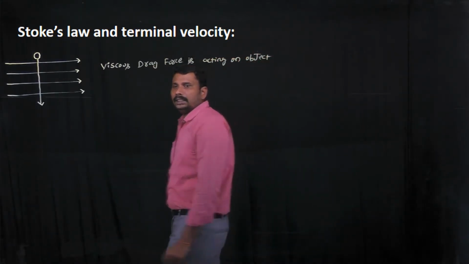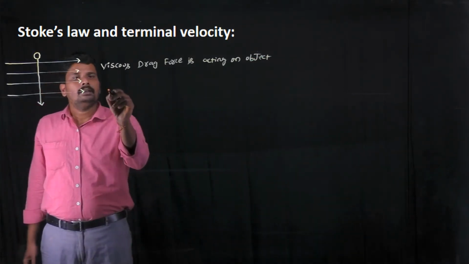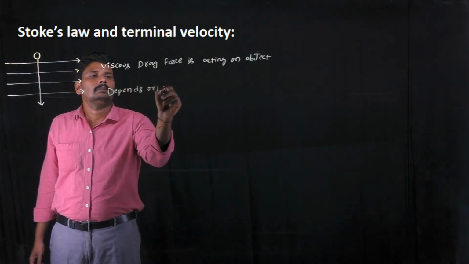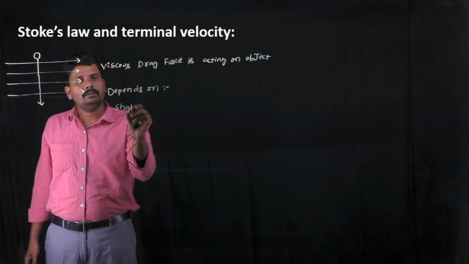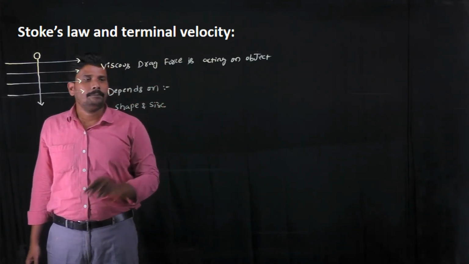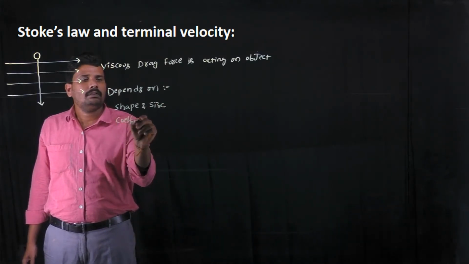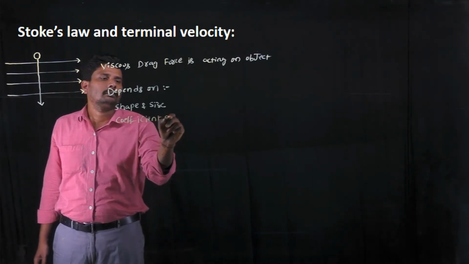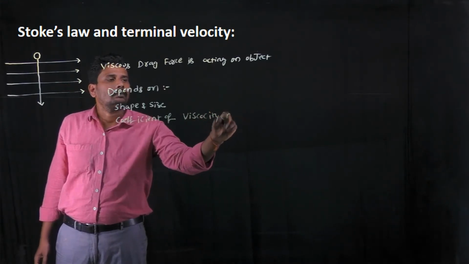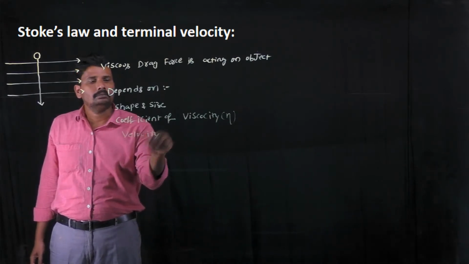and this viscous drag force depends on the parameters of the object like shape and size of the object, coefficient of viscosity of a medium, and how much velocity it falls down.